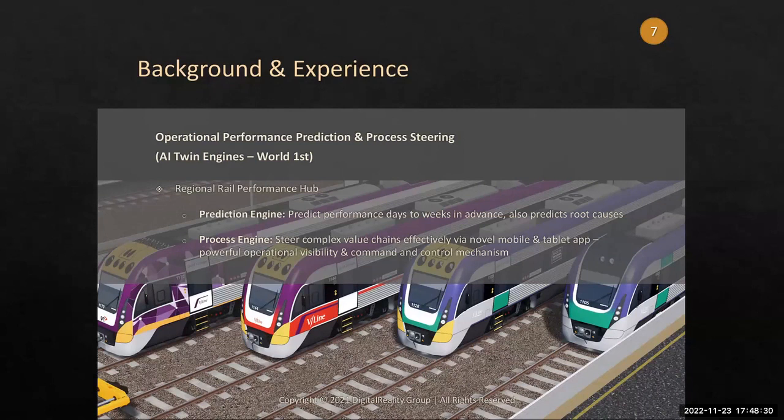If I have time later in question and answers, you can ask me about it. I can explain to you how this process engine, although it's less sexy than a prediction engine, is actually more useful for the boots on the ground. We did a case study on trains that hit kangaroos, basically kangaroo strikes.